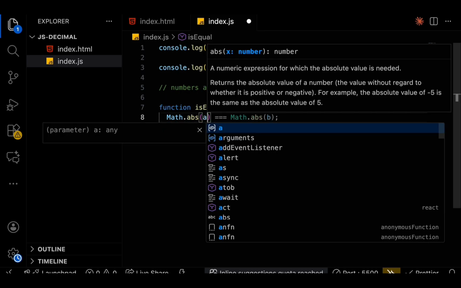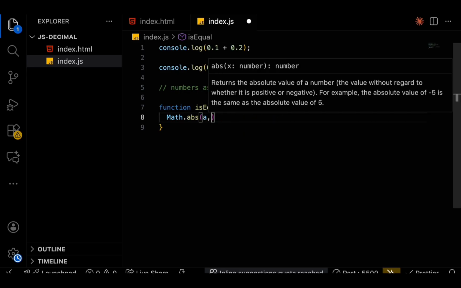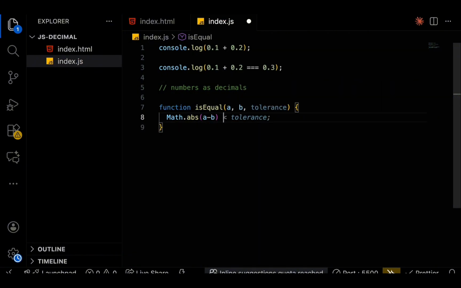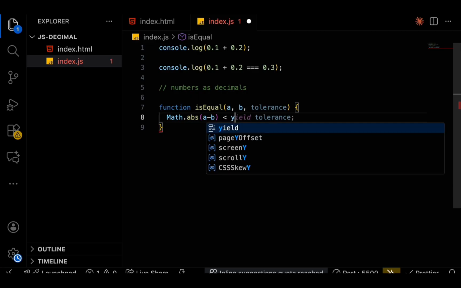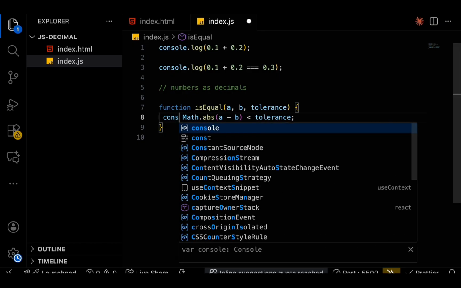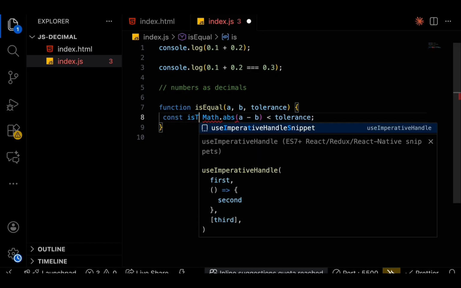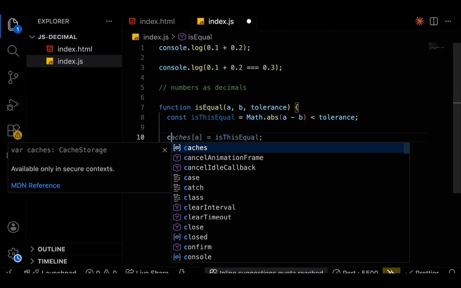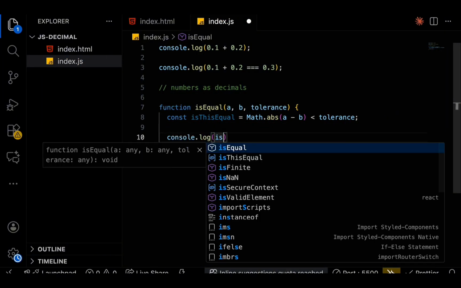So here we want to subtract b from a, so we're saying a minus b, and then when we get the difference between a minus b, we want to know if it is less than the tolerance level, and if it is less than the tolerance level, then they are actually equal, right? So we want to be able to check this, we want to say is this equal, and then we can console log this and say is this equal.